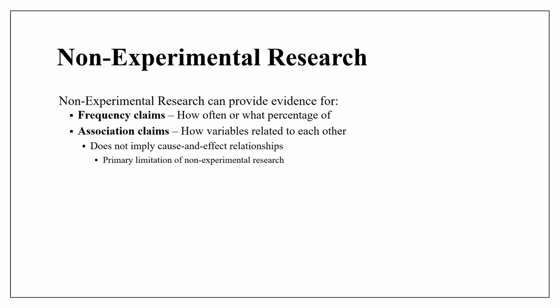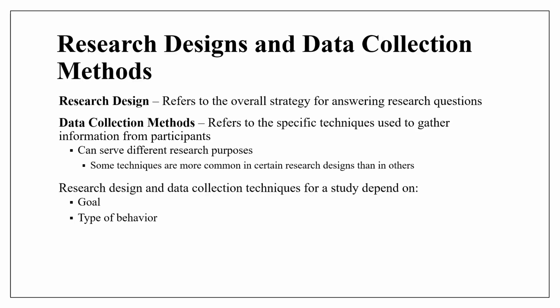And this is the main limitation of non-experimental research, that there's no way for us to say that one thing is causing another thing. The most we can do is describe the relationship between those things, or describe in general what the psychological phenomenon is.